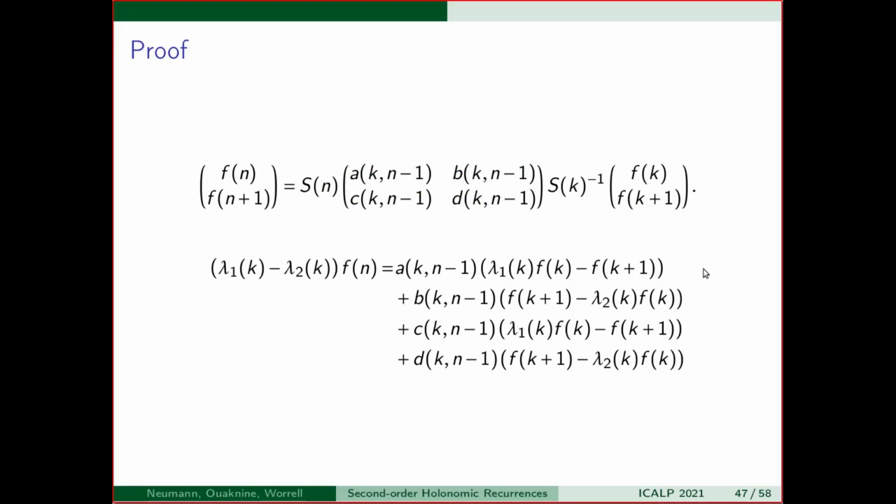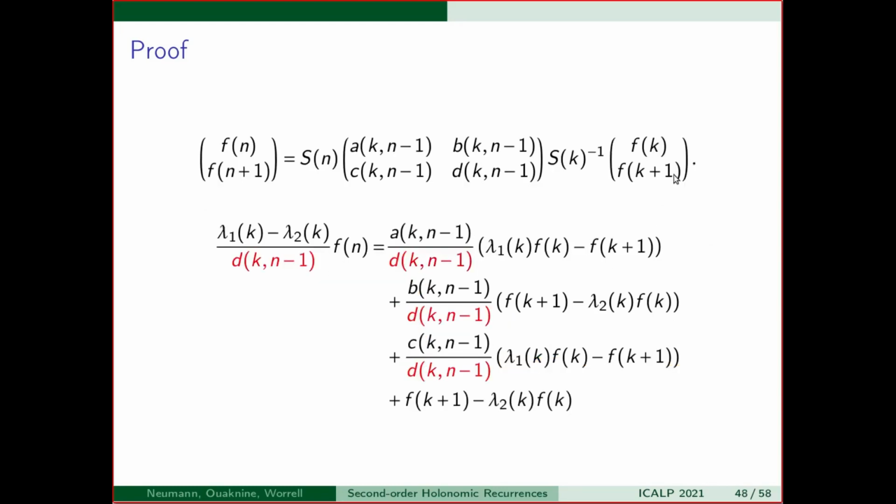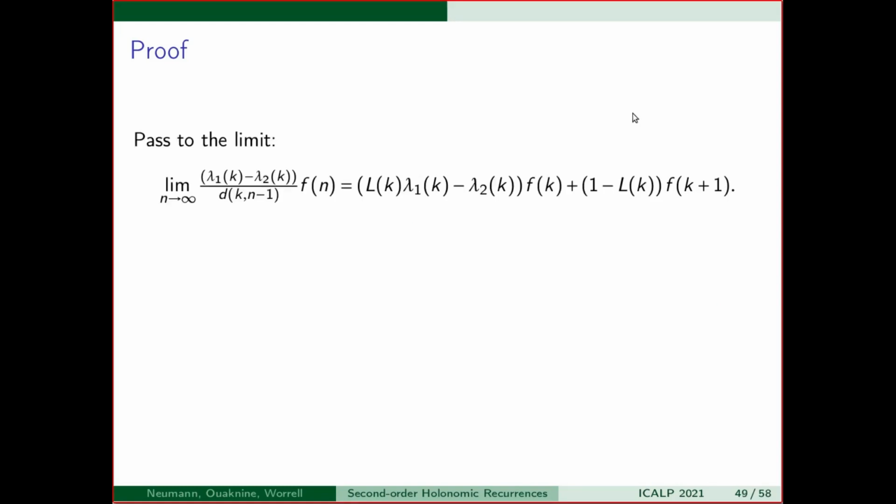You don't have to parse this whole expression, but it's a linear combination of the initial values f(k+1) and f(k), involving these functions a, b, c, and d, and involving the eigenvalues. Now we can divide this by d and go to the limit using our main lemma, and then we get a linear expression in the initial values f(k) and f(k+1), involving the eigenvalues and this number L(k), which is the limit of c_k(n) divided by d_k(n).